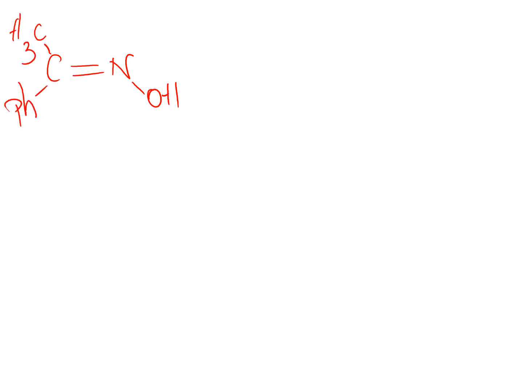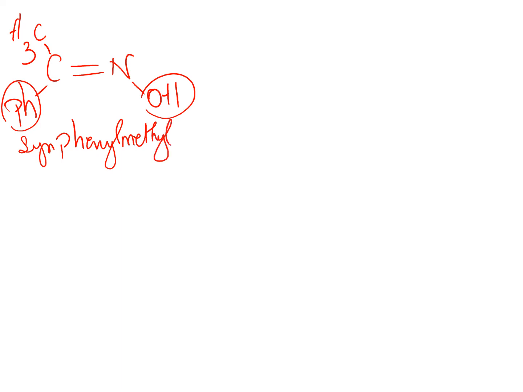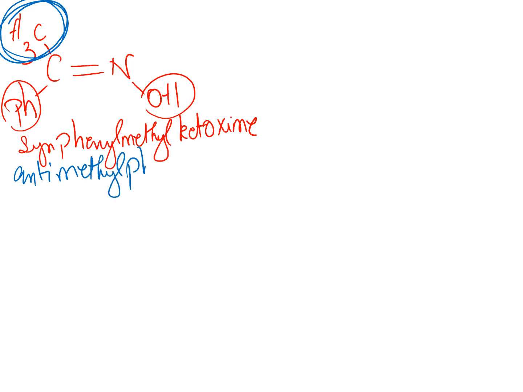As we have mentioned, you have here the phenyl on the same side of the double bond as the OH. So this is the syn-phenyl methyl ketoxime, or you can name it according to the group which is in the anti position. So this is the anti-methyl and then phenyl ketoxime.